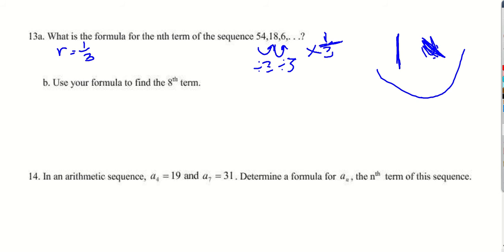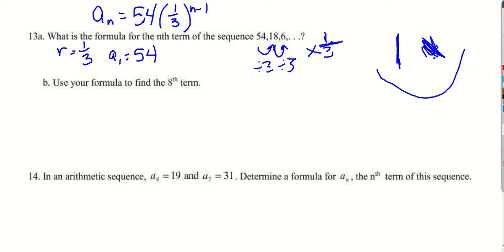We know our first term in the sequence, which is A1, is 54. And so now I can write a formula for the sequence. My formula is going to be A sub n is equal to the first term, 54, times our R value, which is 1/3, raised to the n minus 1 power. All right, that is it. So that's our general term that we're using, and we will go from there.